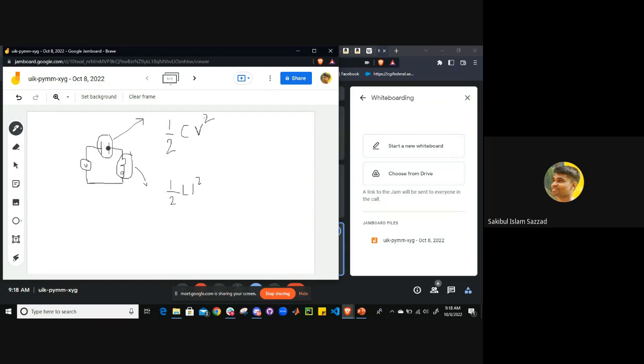So we have two fundamental energies in this circuit: here is electric and here is magnetic. That means we have some energy.